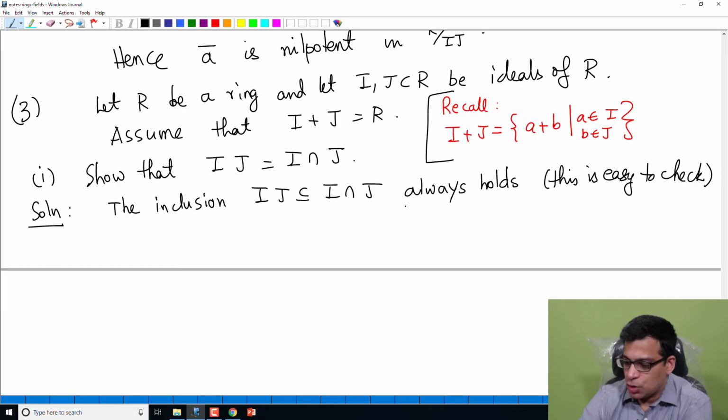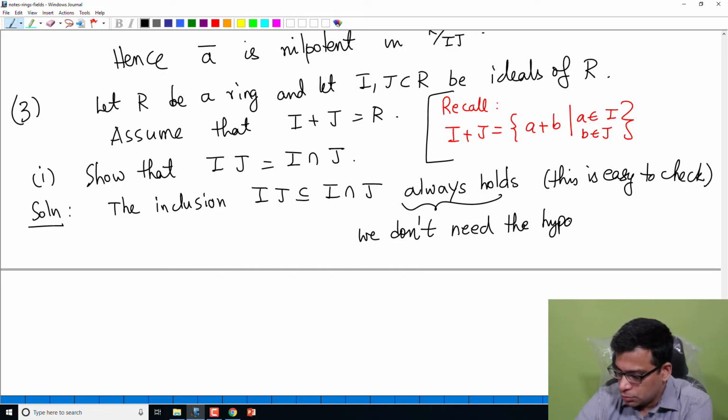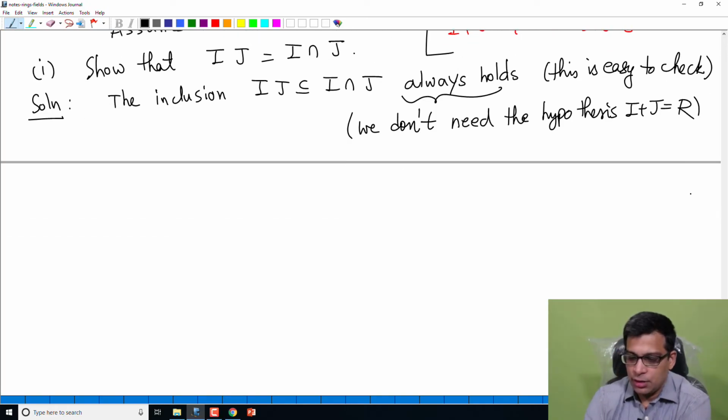What I mean by always holds is we don't need the hypothesis that I plus J is equal to R, right? So this is in general true, not just for ideals whose sum is R.